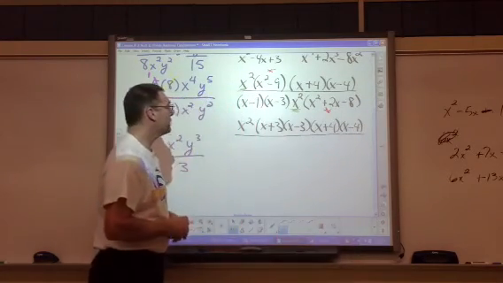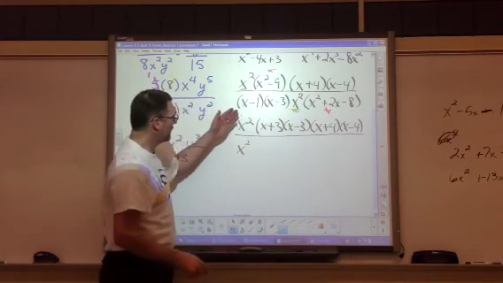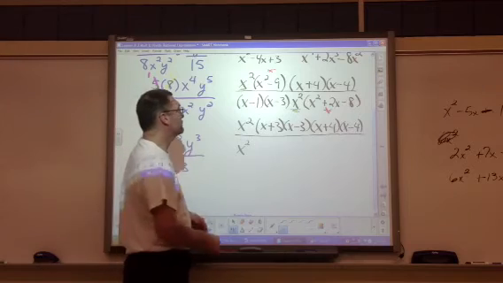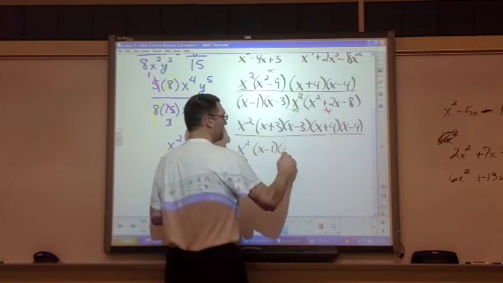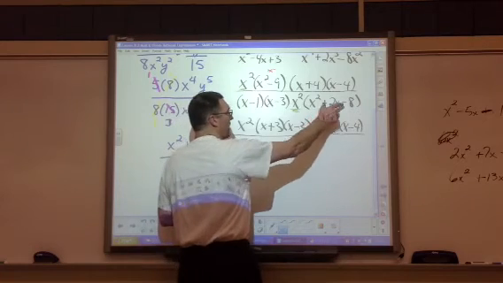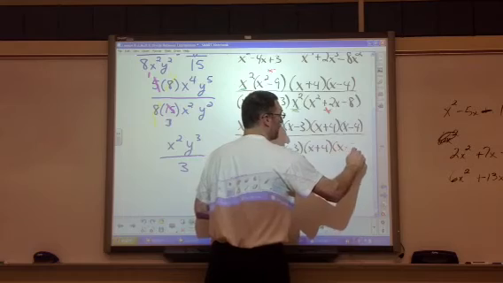Draw my fraction bar. This x squared, I'm going to move it to the front. That's going to be nice because those I can cancel. Still have our x minus 1 and x minus 3. And then we have x plus 4 and x minus 2.